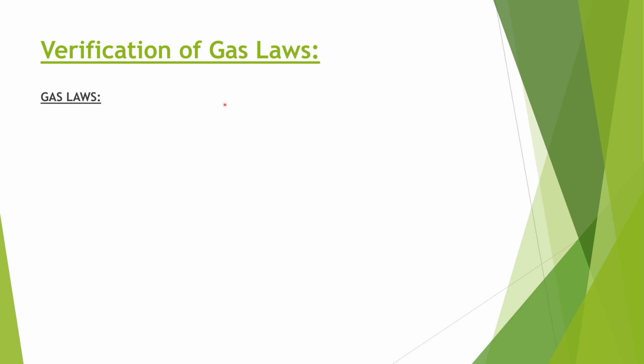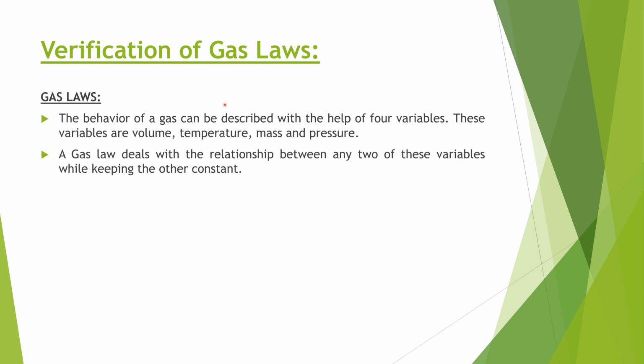So first of all, we try to understand what a gas law is. The behavior of a gas can be described with the help of 4 variables. These variables are volume, temperature, pressure, and mass respectively. A gas law deals with the relationship between any 2 of these variables while keeping the others constant.